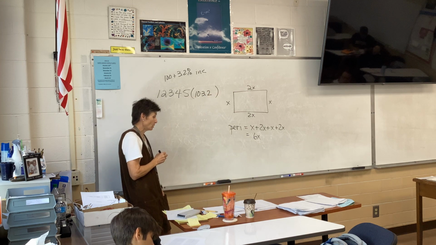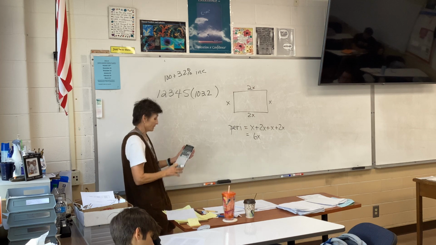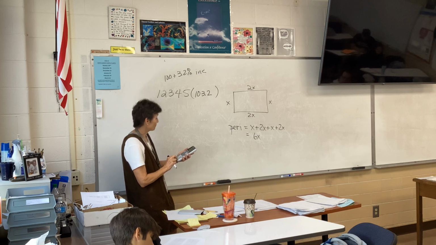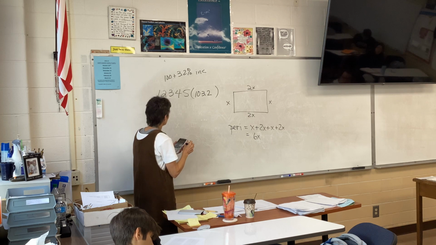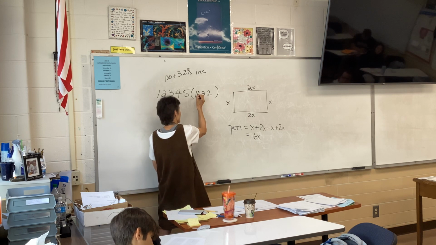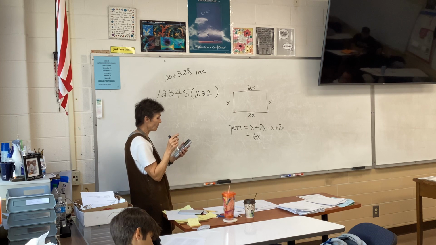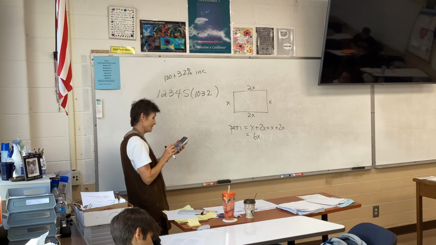That's the decimal for 103%. So then on our calculator, we just take 12,345 times 1.032. I wish it were 12,345. If I had the right decimal there, I'd make over $1 million. That would be awesome. But it is not true.